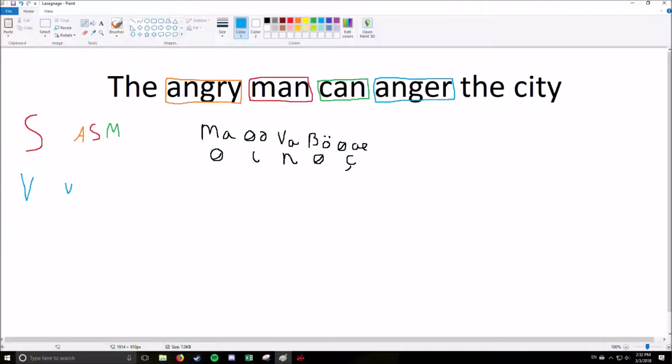So it's just anger, which in this case is the same syllable base as angry, math, but instead of having the adjective ending, we have the verb ending conjugated with the subject, man, so it's one singular, so that becomes matha.